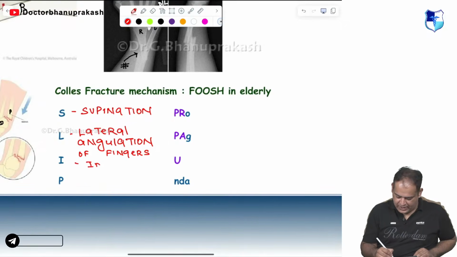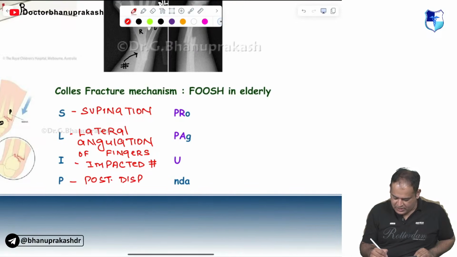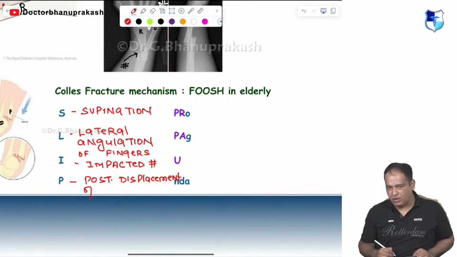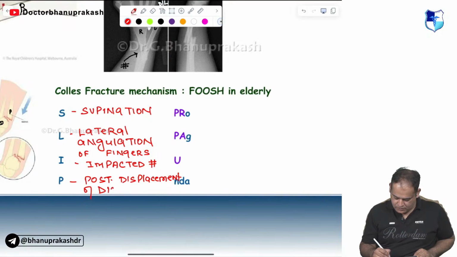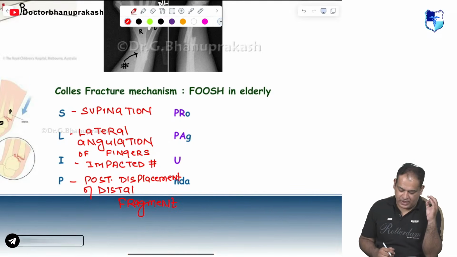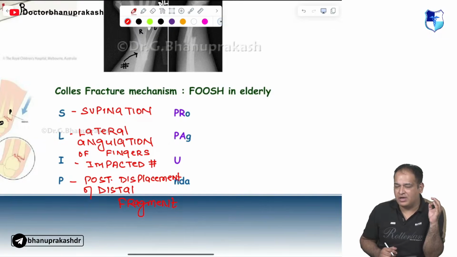I for impacted fracture. And P, posterior displacement of the distal fragment. Okay, that's a mnemonic for clinical feature.